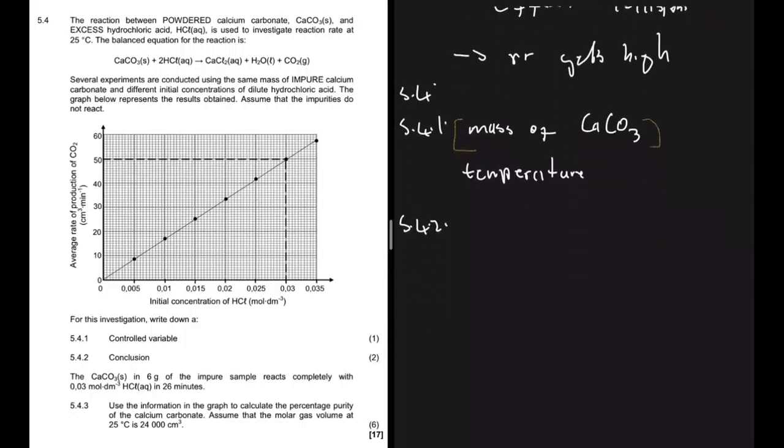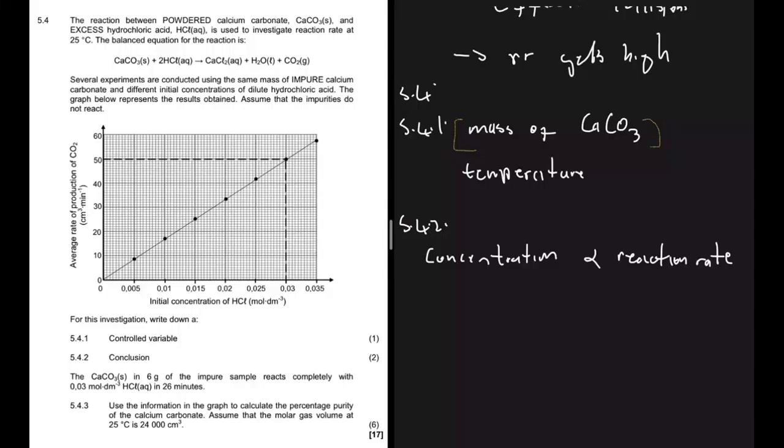So that means that concentration is directly proportional to reaction rate. As we increase the concentration of HCl, the average rate of production of CO2 increases. We have more CO2, right? So that means the reaction rate is higher.